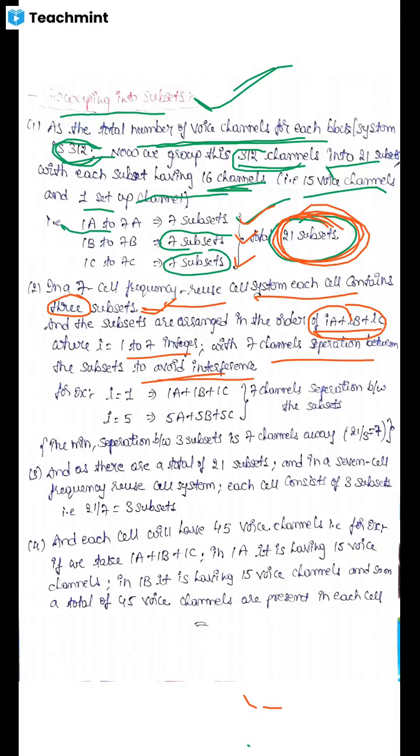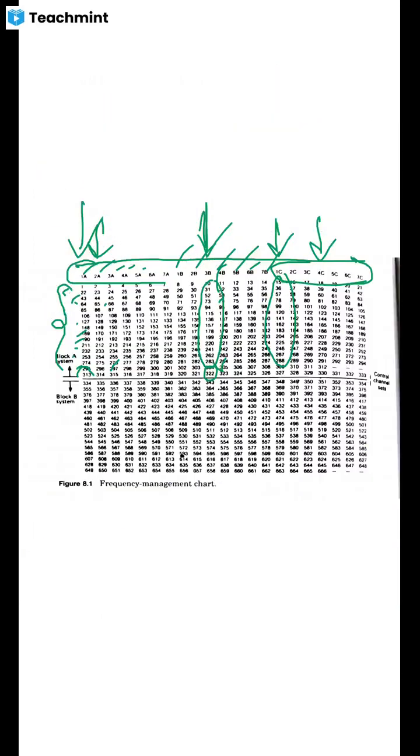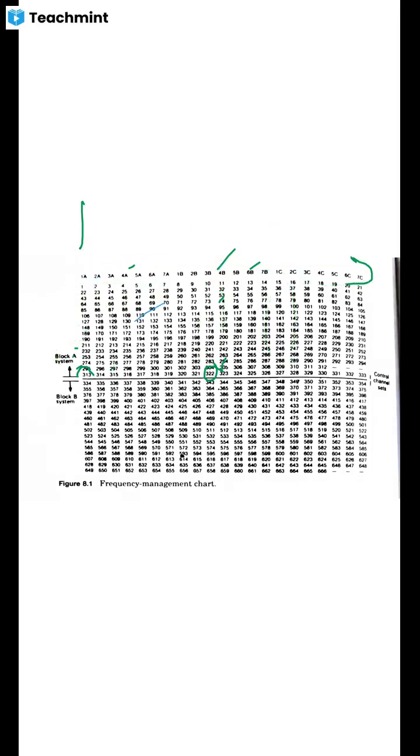See, observe the frequency management chart. I am taking an example of I equal to 1. If I is equal to 1, then what do I get here? 1A plus 1B plus 1C. Come to the frequency management chart. For I equal to 1, I am getting 1A, 1B, 1C.